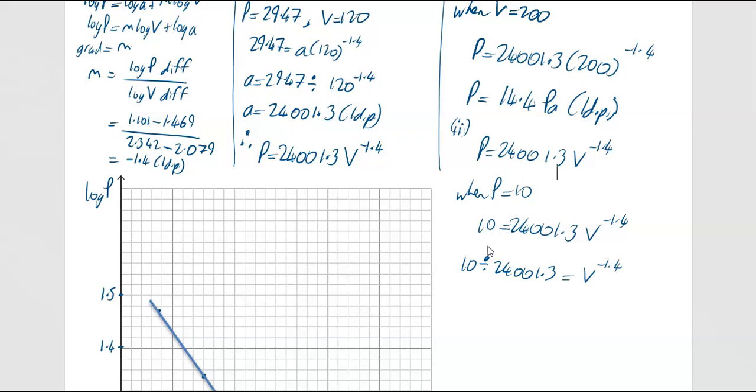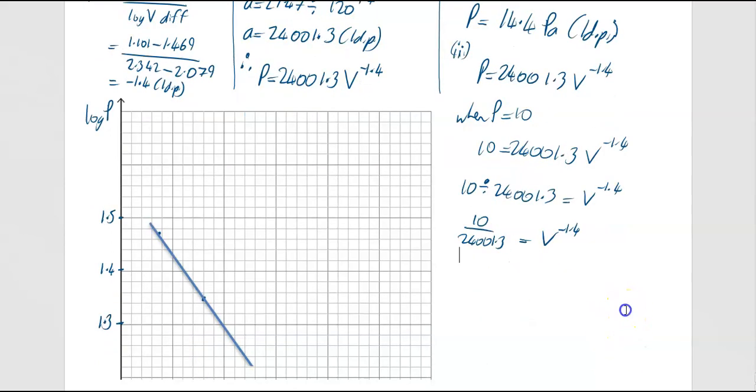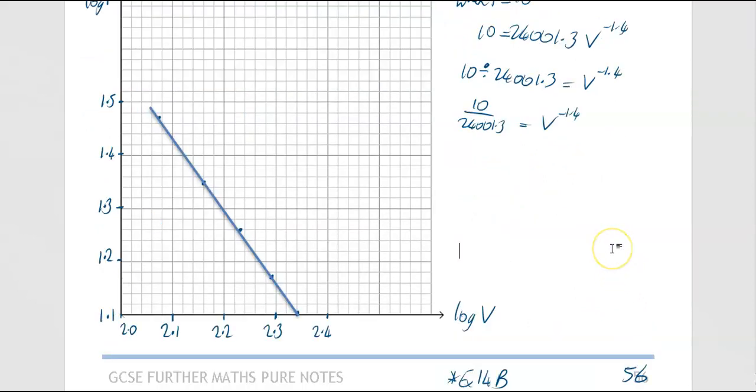And if we just do that out, I'm just going to write that as 10 over 2400 1.3 is equal to V to the minus 1.4. And then it's an awkward enough question, so what you can just do is just take logs.